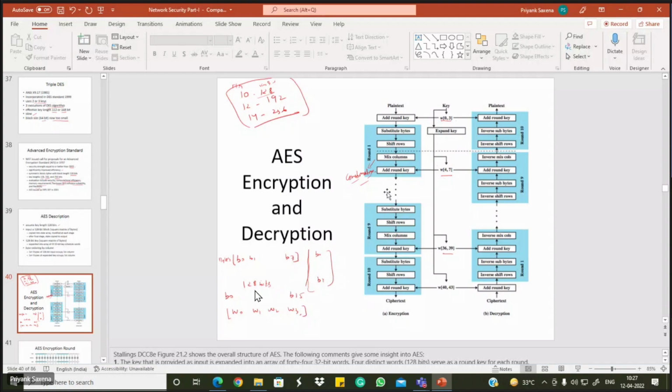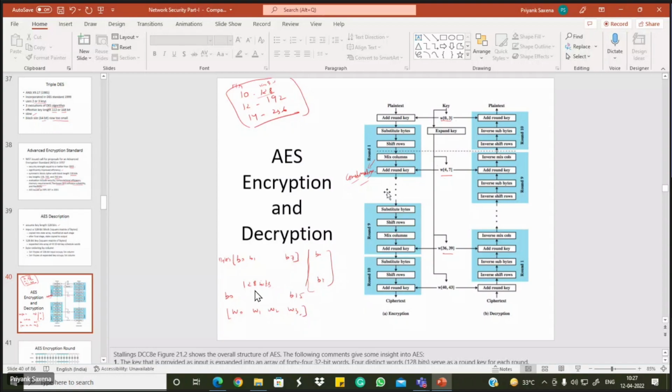So this will come. So you can see E232 FC F1 has come. This is the key for round 1. This is what you have got from the previous round. This is the state of the first round.